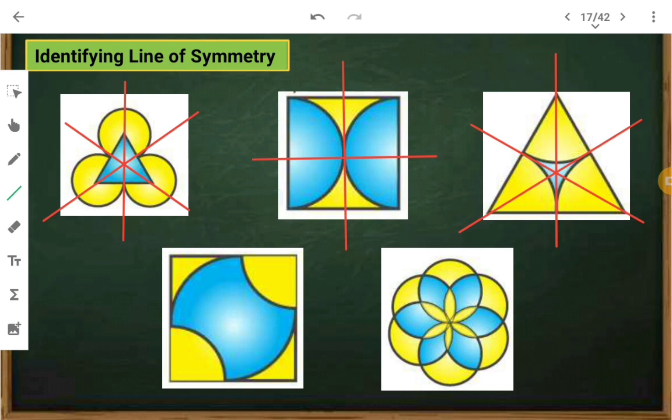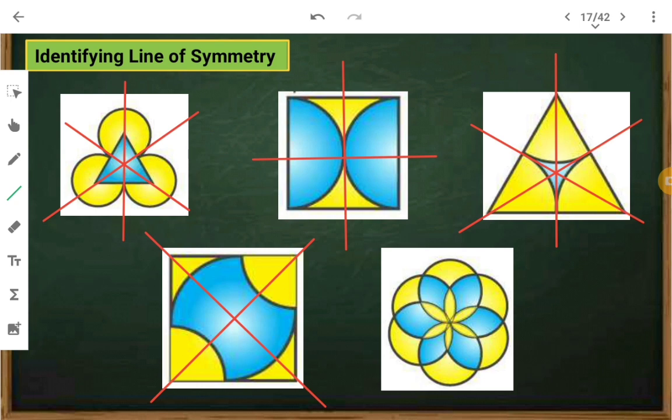And for here, shall I try with this vertical? No. Right? So, where will you get it? Here, you can get the diagonal. A diagonal line of symmetry. And another diagonal, if I am folding it in this way, yes. So, 2 lines of symmetry for this figure.